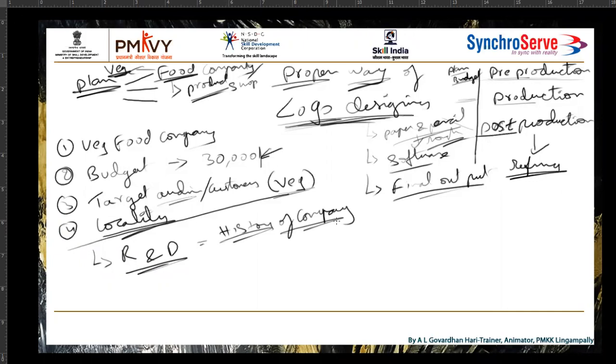And one more thing, we'll be asking them, for example, how did you get the success? Meaning, which product made your company successful. These things are very much mandatory. For example, they will tell the product, like some noodles.